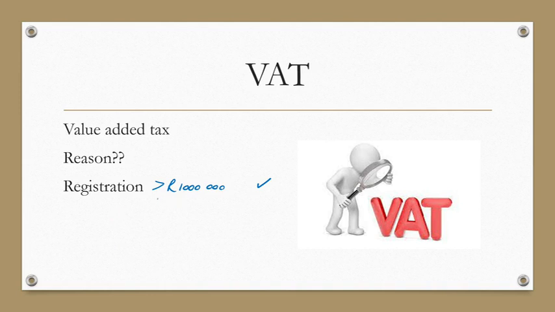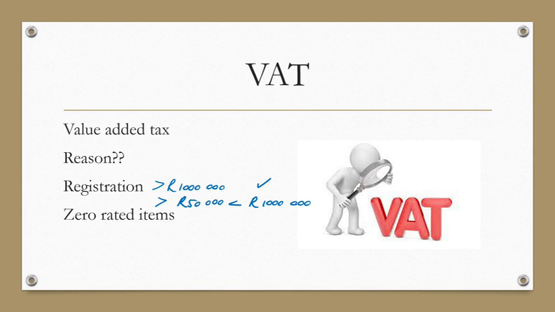If your turnover is more than 50,000 but less than the 1 million, then you can apply to register as a VAT vendor. That is then your voluntary registration. A VAT vendor means that you get the VAT on behalf of SARS, and then that must be paid over to SARS.